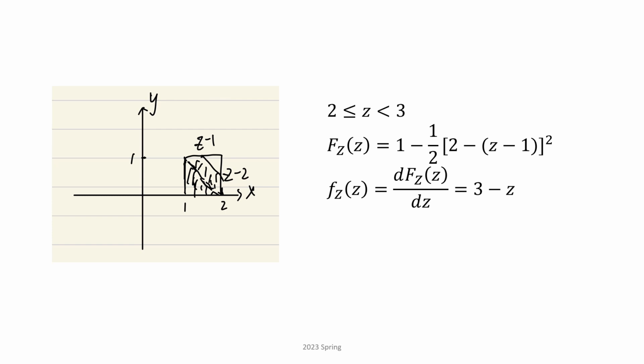And little f_Z equals d big F_Z over dz, and it equals 3 minus z, which corresponds with the result in the first method.